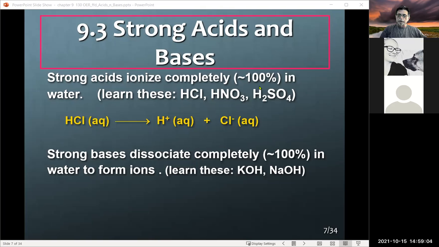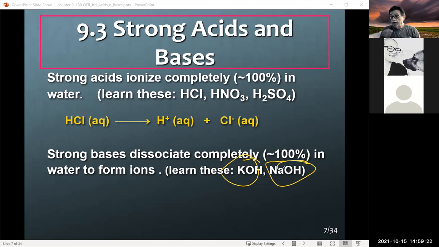So here's hydrochloric acid. Strong bases. Same scenario, in that when they're put in solution, like sodium hydroxide and potassium hydroxide, they totally break apart and they produce a lot of hydroxide, which makes it a strong base.